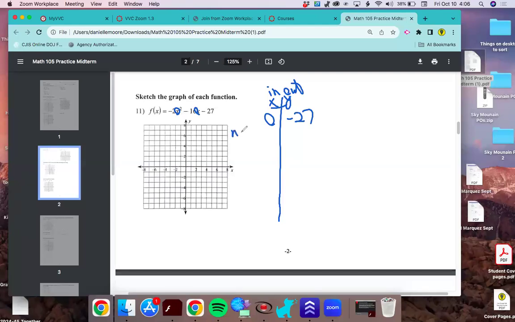Now I need to figure out if I can plug in a new 0 that'll also give me a negative 27 out. Because if I can do that, then when I split the difference between wherever these points are, halfway between these two dots, 0 and wherever else, that'll be my vertex there and it'll be perfect. That'll be good.